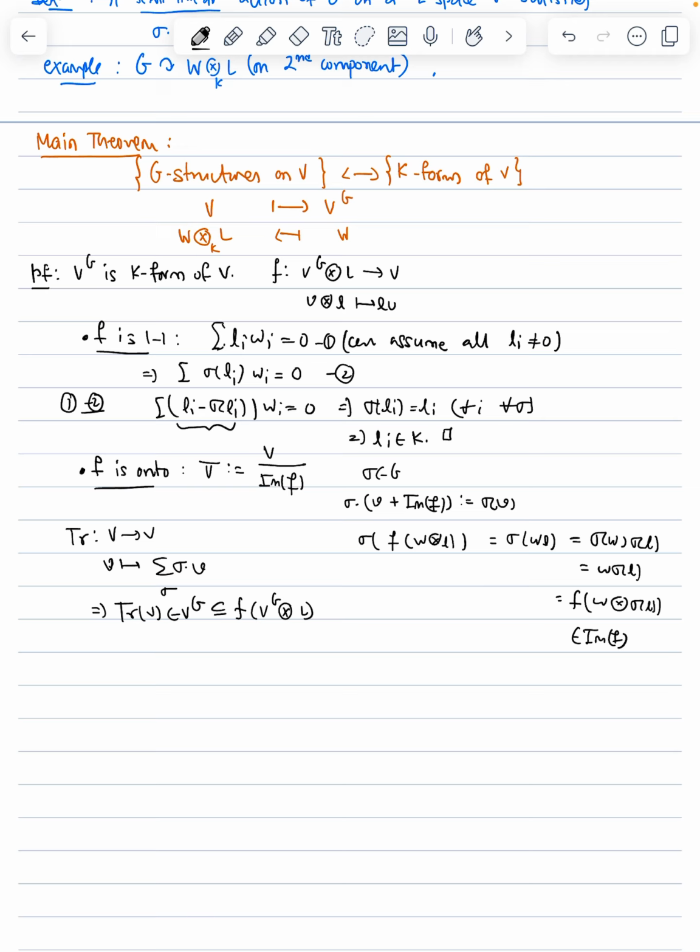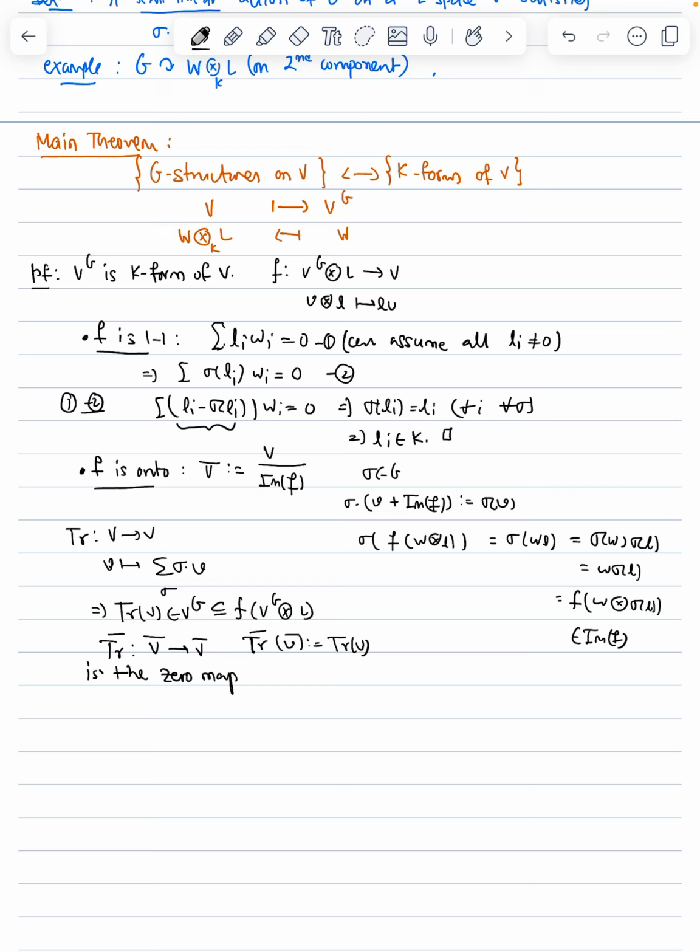So if you induce this map to the co-kernel, denoted by trace bar, the trace of this is zero, because any element's trace goes inside the image. So when you go modulo the image, it's zero.